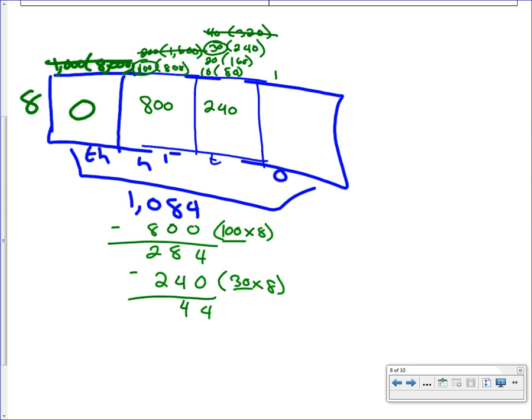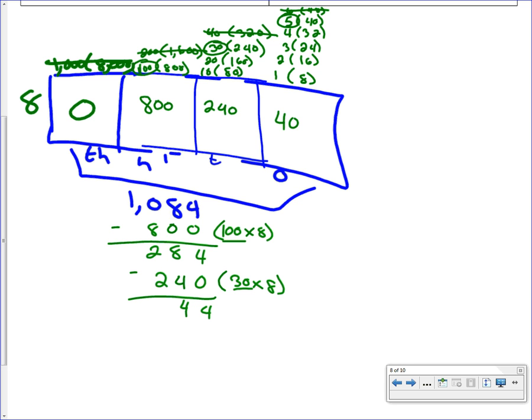Okay, I'll come up here. 1 would be 8. 2 would be 16. 3 would be 24. 4 is 32. 5 is 40. 6 is 48. I don't have 48. 5 it is.